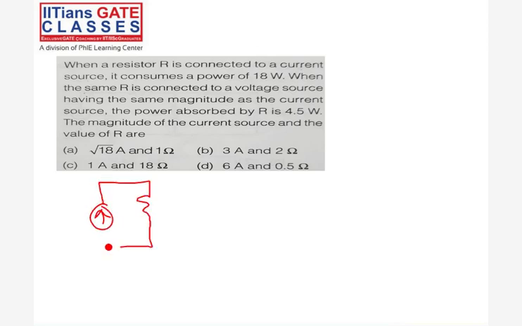I'll call it X amperes, and the power consumed is 18 watts. What are the formulas for power in terms of current and resistance? P is equal to I square R. What are the other equations? I square R, V square by R, and V into I. So I square R.